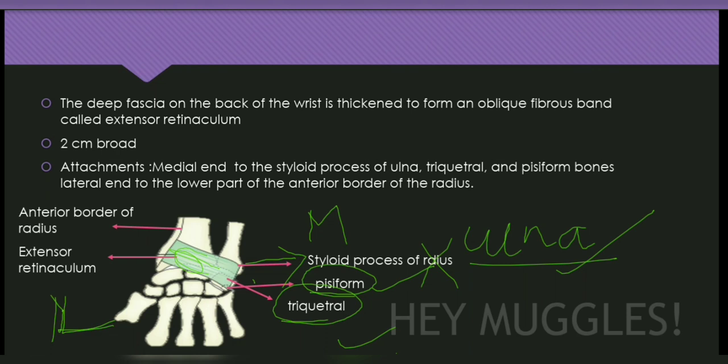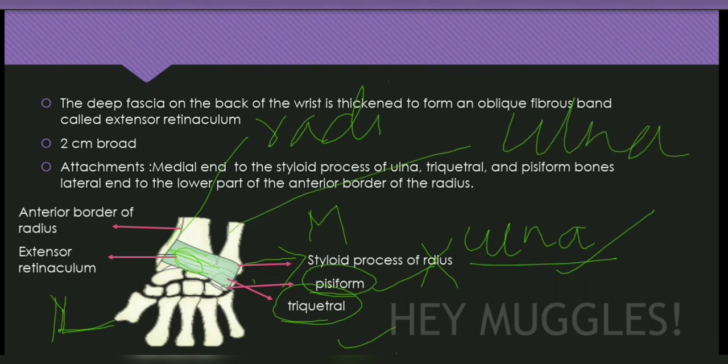Coming to the lateral attachment of your extensor retinaculum. The lateral end is attached to the lower part of the anterior border of radius. This is your radius bone, and this is your ulna bone.